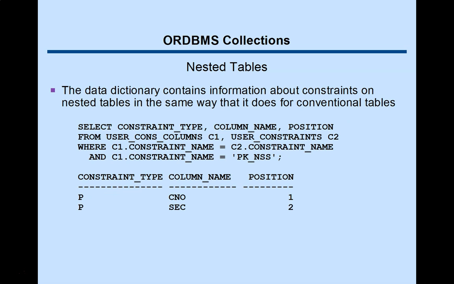If we examine user constraints together with user cons columns, we can obtain the names of the columns that apply to the constraint. So we supply the name of PKNSS as the constraint name and form the join of these two data dictionary views. And what we see is the combination of CNO first, followed by SEC, defines the composite primary key for this particular nested table.